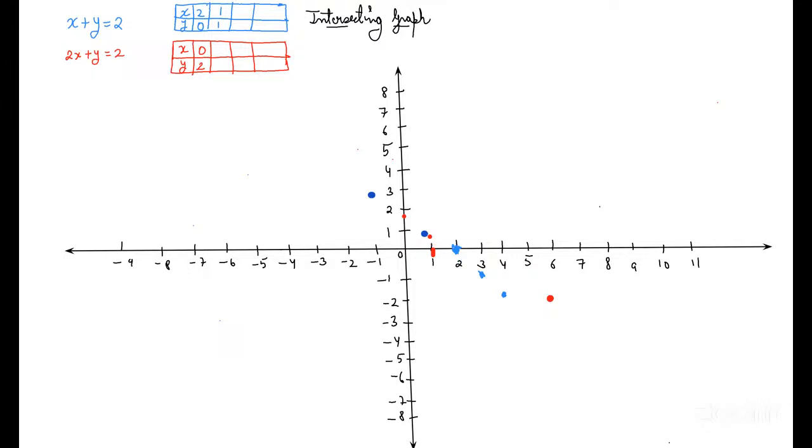How did you get 1,1? I didn't get 1,1. I got 0.5,1. What did you get? One second. So this is 2,0. So who got this?